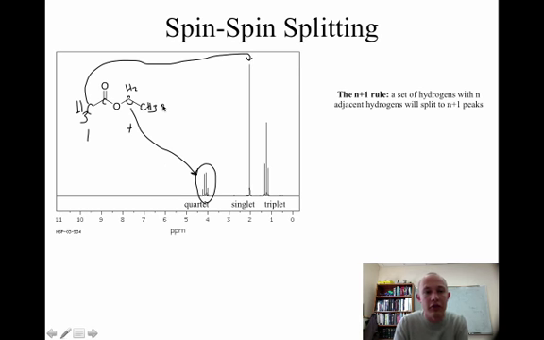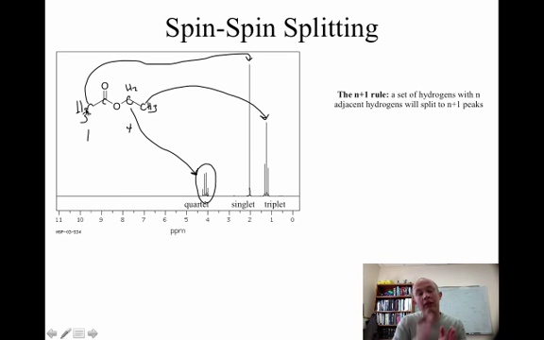And by similar virtue, we have this set of hydrogens. Next door to it is a carbon that has 2 hydrogens. 2 plus 1 is 3. So we would expect a triplet from this set of hydrogens, which is what we observe here. So this peak comes from this CH3. This peak comes from this CH2. And this peak comes from this CH3.